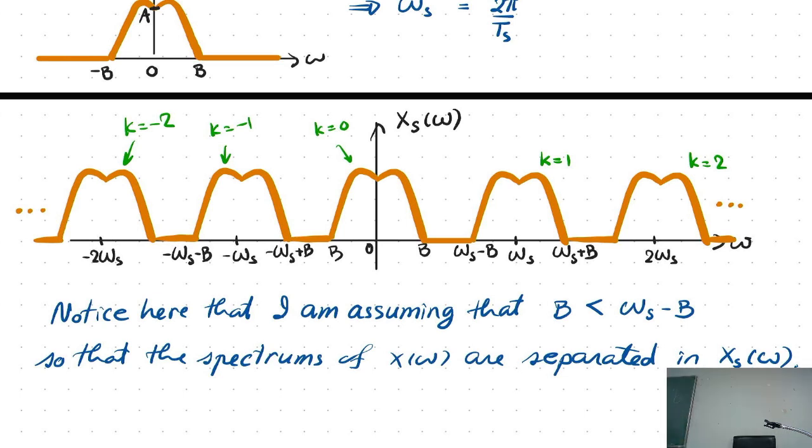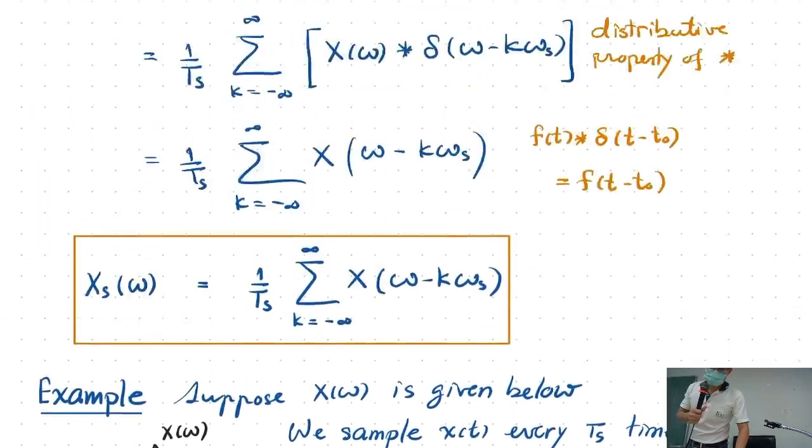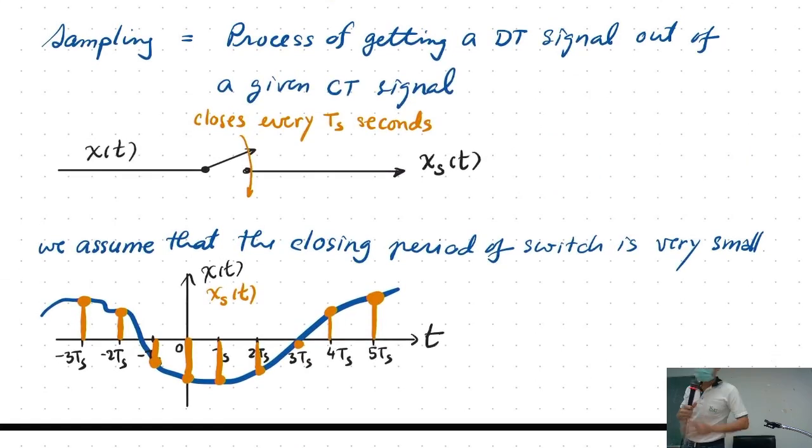Now comes the next issue, the next question. I have to scroll up a little bit. If I have this xs without knowing xt, would I be able to retrieve x of t back, knowing only xs?